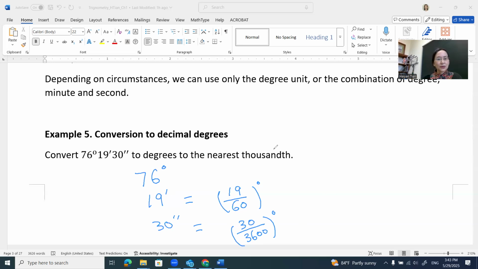So now each part is converted into degrees. Then all we need is to add them together. So this is degree, the minutes have been converted into degree, and this is the third part, seconds, also has become a degree. Then together, what is the degree measure of the angle?